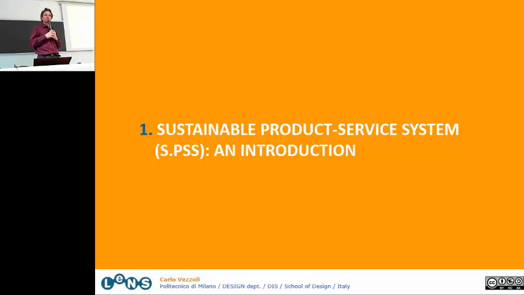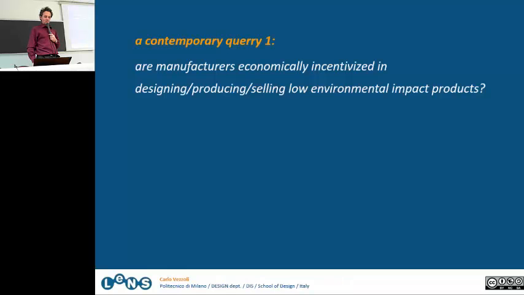So, sustainable product service system. Here we are, an introduction to this. One first question is: are manufacturers nowadays, for economic and competitive interest, incentivized in designing, producing, and offering low environmental impact products, like the one we just saw before, reducing consumption of resources and so on?